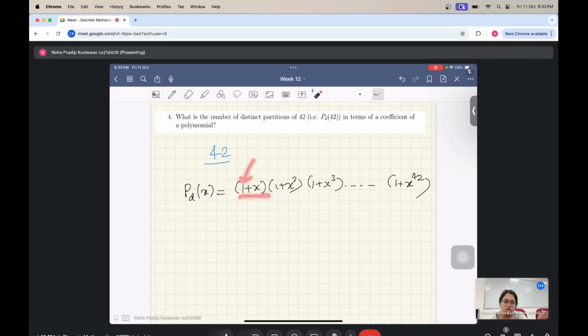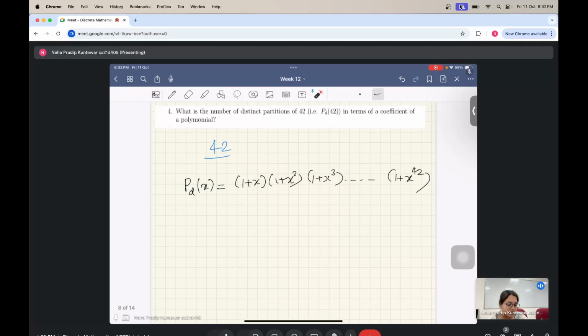The 1 tells you that I did not choose 1 at all, and the x tells you that I chose it once. Similarly, the 1 in the next factor tells you that I did not choose the 2 at all, and x square tells you that I chose it exactly once. Similarly for 3, I did not choose it at all, or I chose it exactly once, and so on. You have the choices till 42. So for example, if I pick 1 from all the factors, and finally I pick x to the 42 from the last one, then what do I get?